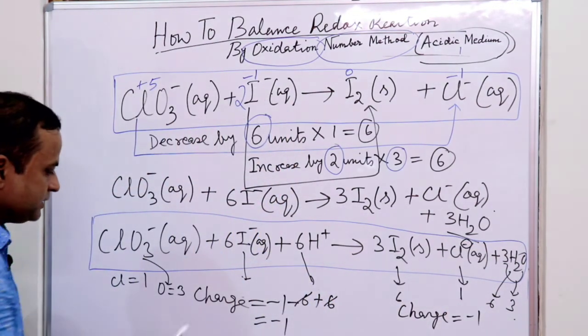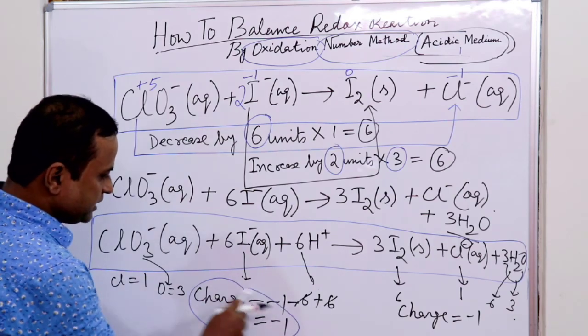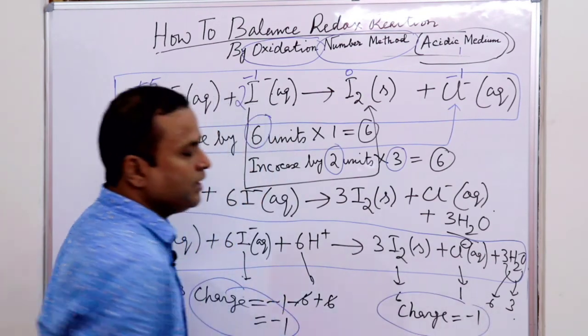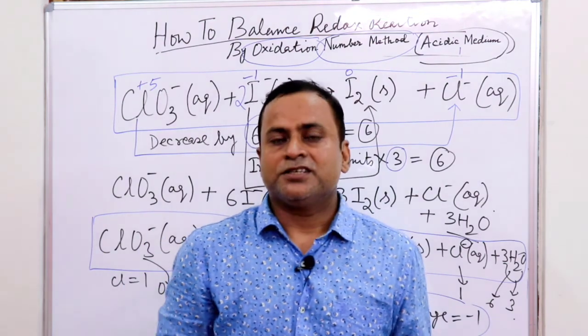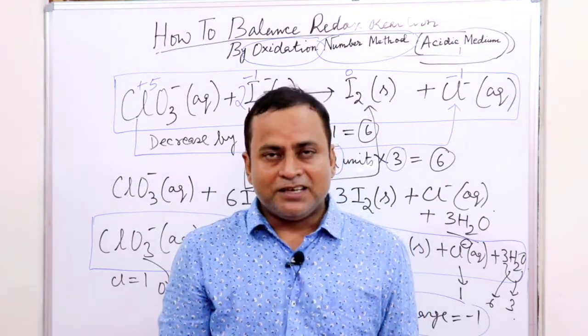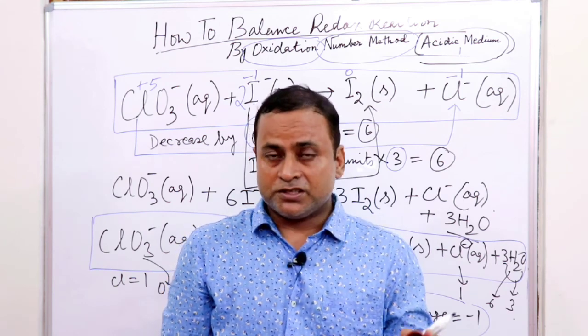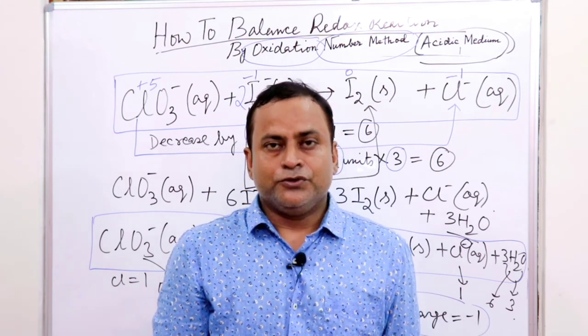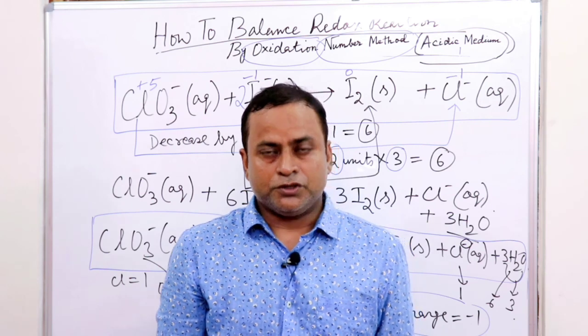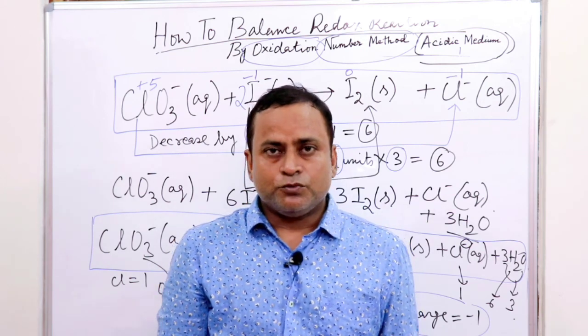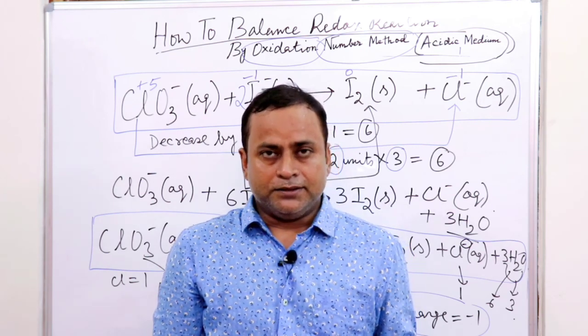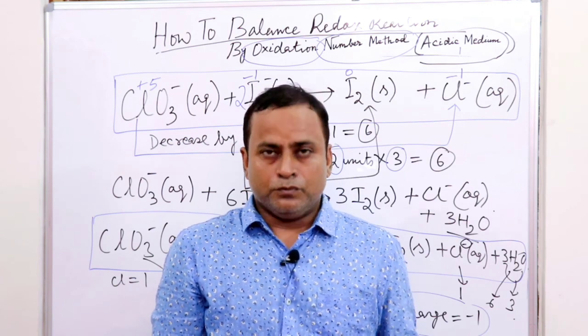So we see that the charge on the left hand side as well as on the right hand side are balanced. So that means we have balanced this redox reaction in acidic medium by the oxidation number method correctly. So this is the way we should balance. So practice more and more such equations and go through this video more.